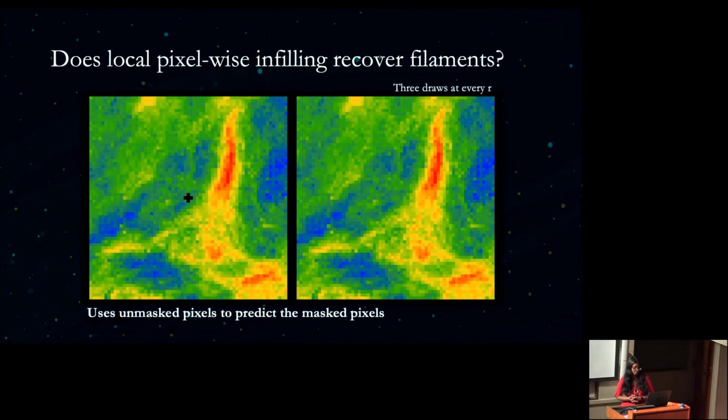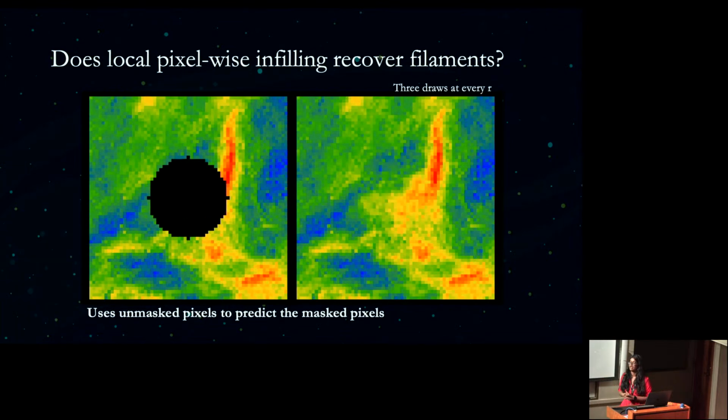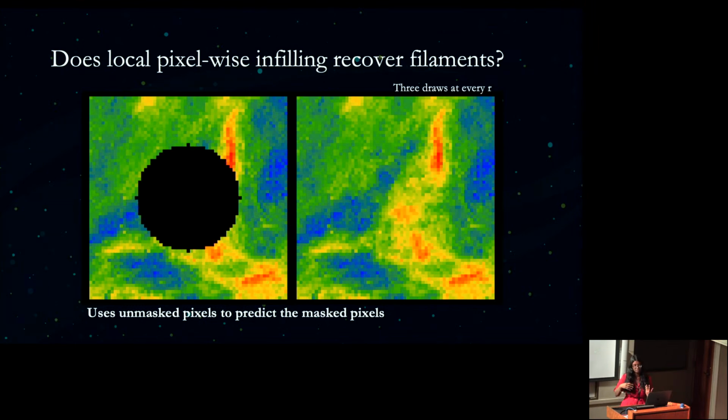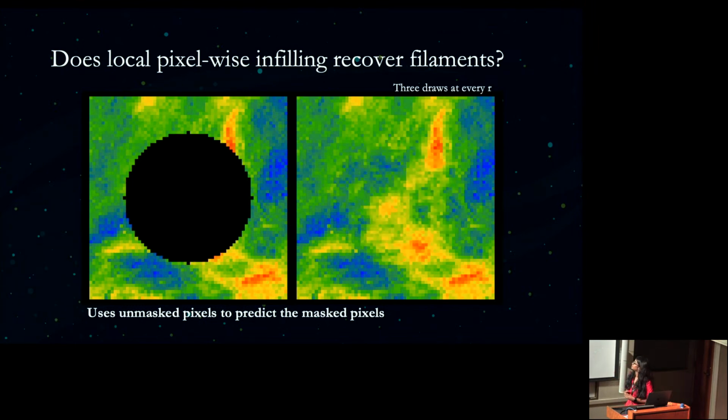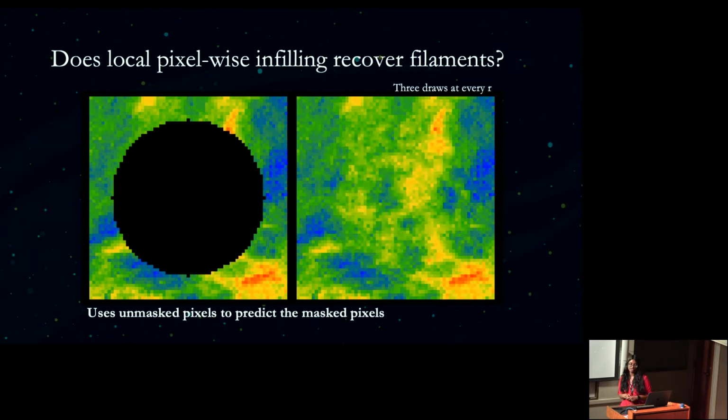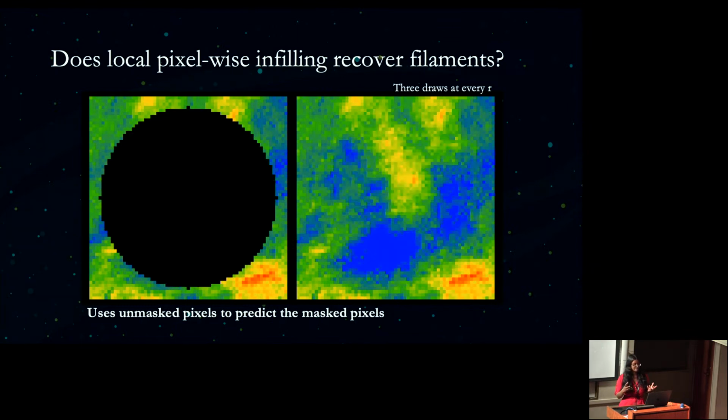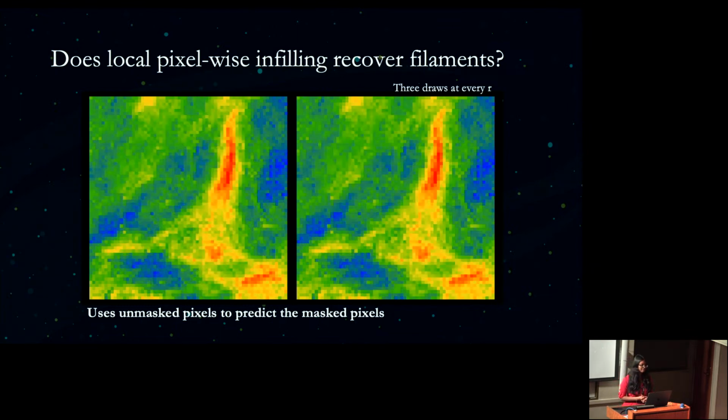That's what I'm going to show here. Here we're masking out a region where perhaps there is a bright source, and asking what should be there in terms of filament structure. The question that we really want to ask is whether this method of local pixel-wise infilling is actually recovering filamentary structure, aka the non-Gaussianity.